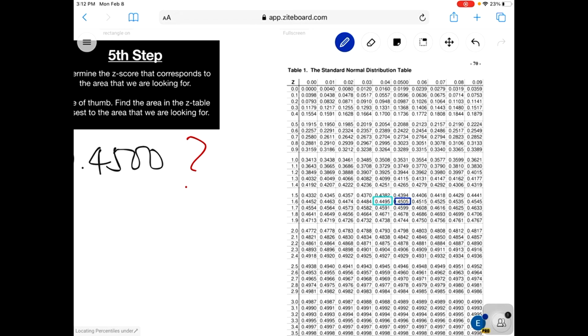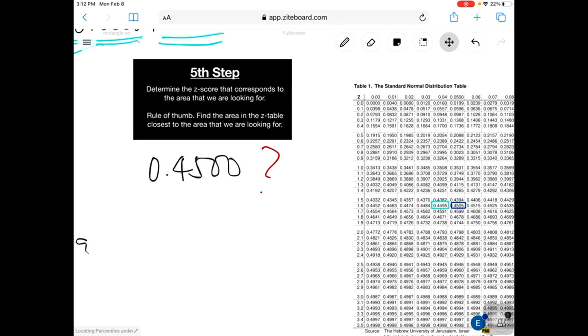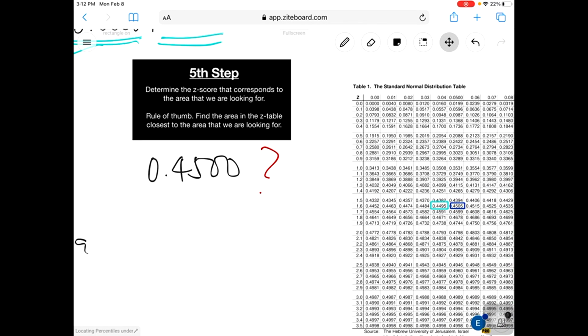The distance is 0.005. So in this case, we have to find the z value by interpolation because they have the same difference. We cannot choose either 1.64 or 1.65. So we have to solve it by interpolation, meaning we have to get the average of the z-scores.